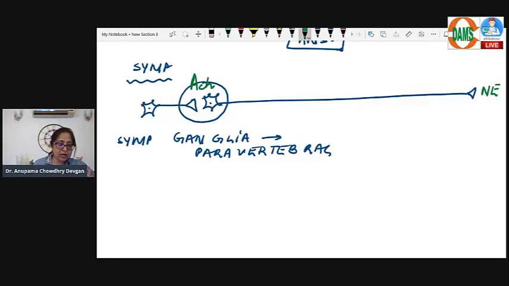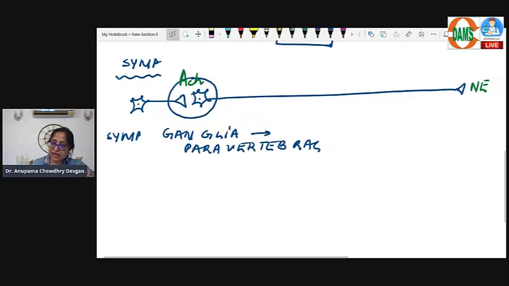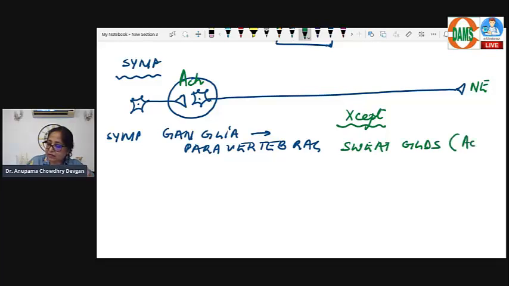The postganglionic sympathetic nerve fibers secrete norepinephrine, except those to sweat glands, which secrete acetylcholine.